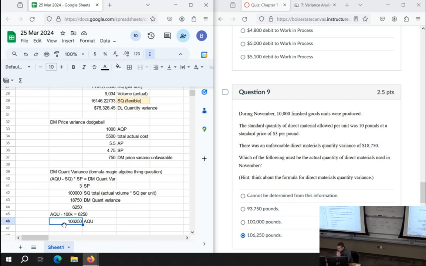So if all I see is that it's unfavorable, and I know it's 100,000 from the 10,000 by 10, can I just skip all the problem and say, oh, I know it's 106,000? You could do that. That's the limitation of the multiple choice question format I've used. Three seconds and you're like, oh yeah, 100,000, unfavorable.